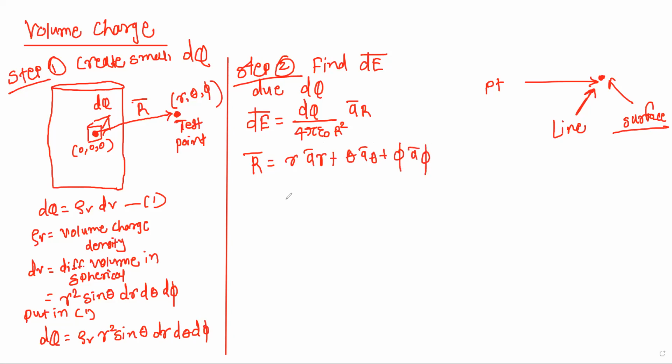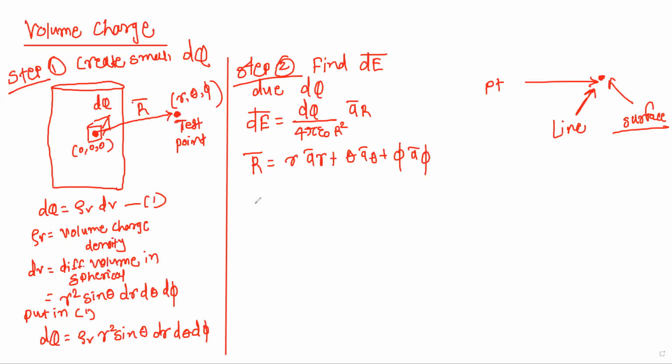Even if you don't understand this, let it be, because it's not going to be a part of the curriculum. I'm just trying to tell you that for volume charge it's not possible to get a simplified equation. So we have to change those steps example-wise.